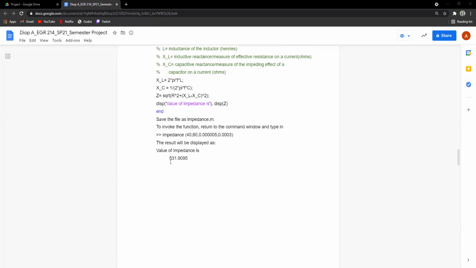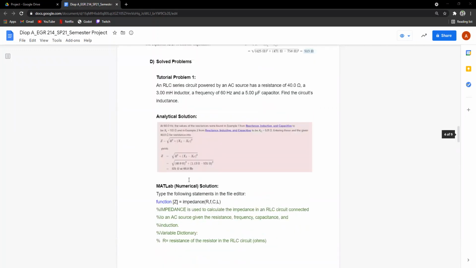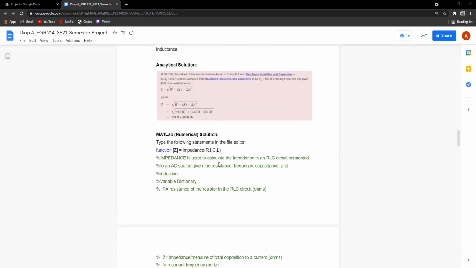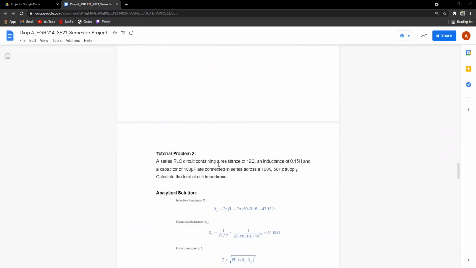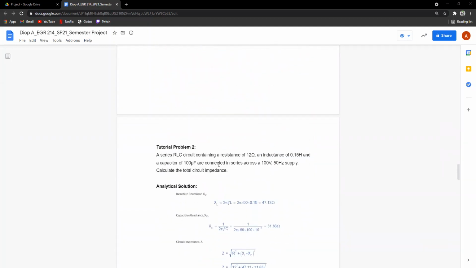That will give you an impedance of 531 ohms, which is similar to what we got originally in the analytical solution. As you can see, this process is as exact as needed for this situation, and it will give you the right answer every time, as long as you know the resistance, frequency, capacitance, and inductance.